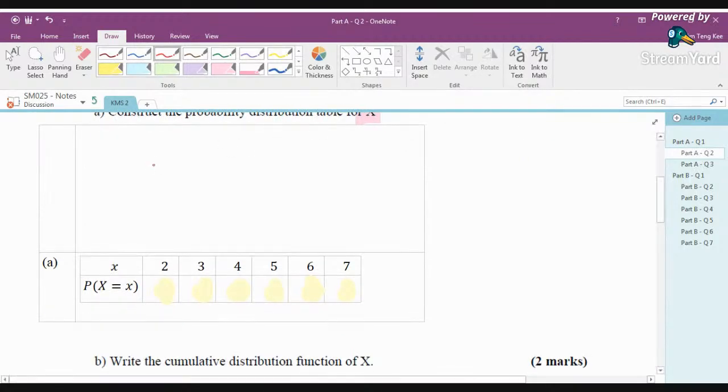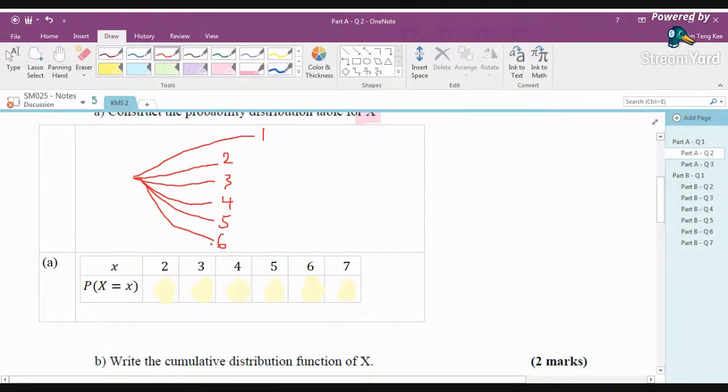So guys and girls, first of all, when you throw a dice, you will have 6 possible outcomes, where you can obtain the number 1, 2, 3, 4, 5, and also 6.